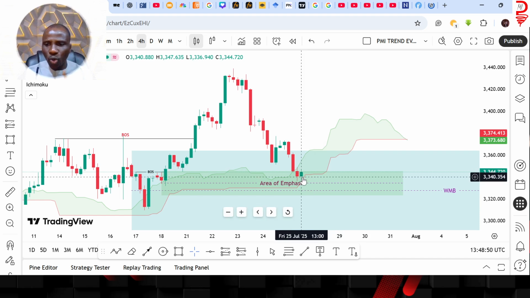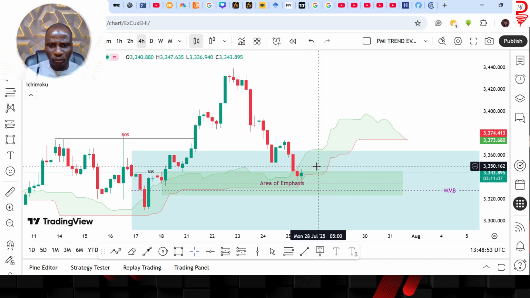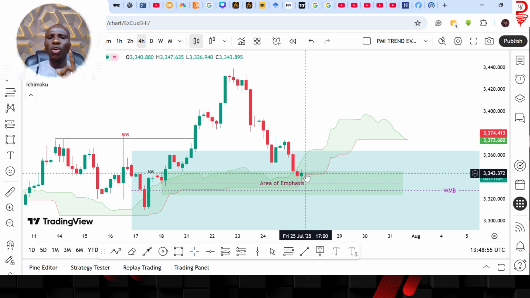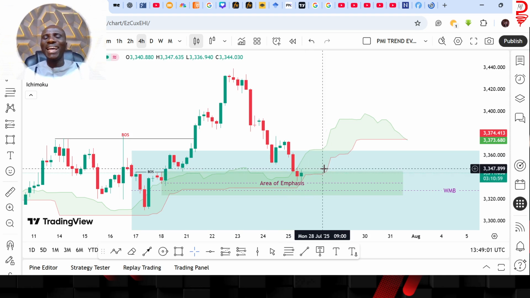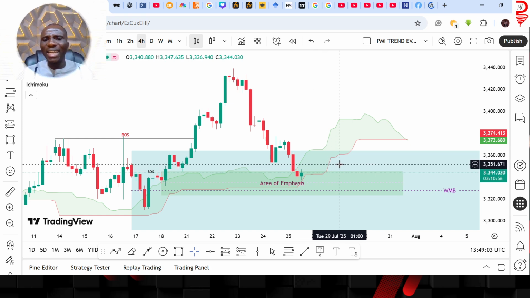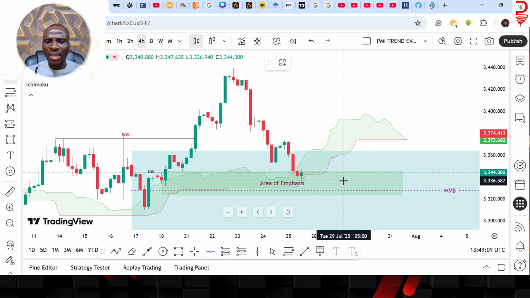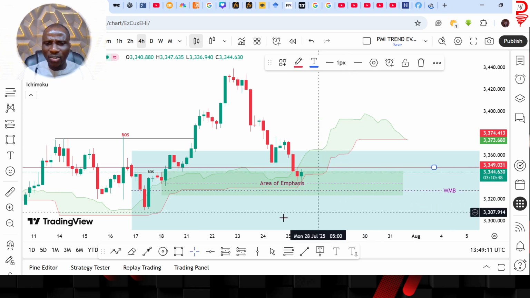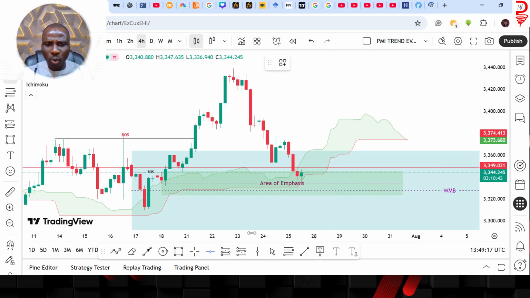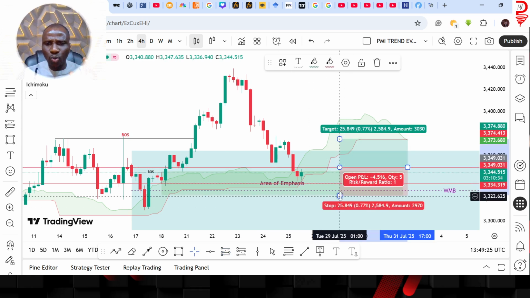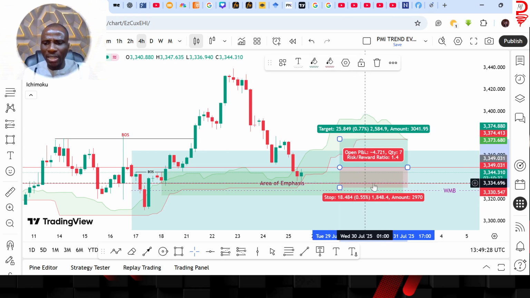If this candle closes and it closes above this, or if it does not, if the next candle still closes above it, or the next three candles close above this, immediately you have a close above this, then your entry box will now be from the beginning of this bearish candle, and the stop loss will be below the lowest low of this particular candle. So expectedly, if this trade gives us what we are looking for, our trade should be looking like this.